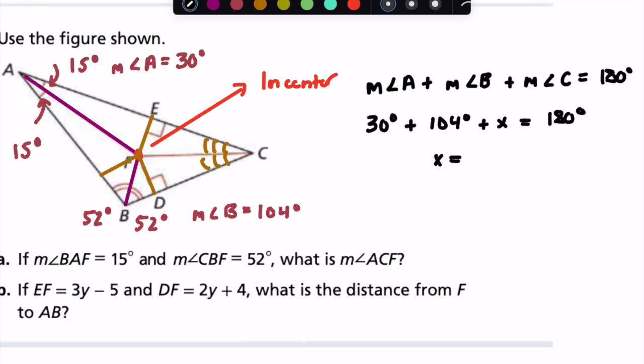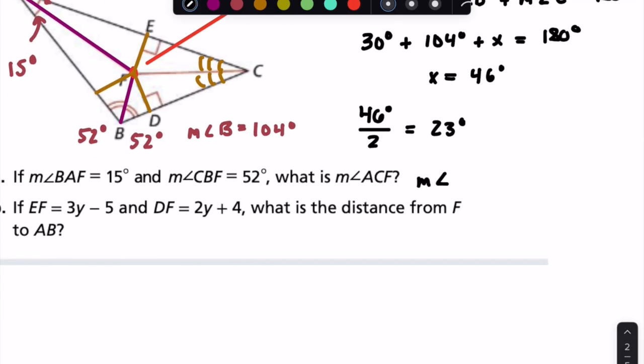If we solve, we get x is equal to 46 degrees. So the measure of angle C is 46 degrees, but we want ACF, which is the bisected angle. To find that, I just divide that number by 2 and get 23 degrees. So the measure of ACF is 23 degrees.